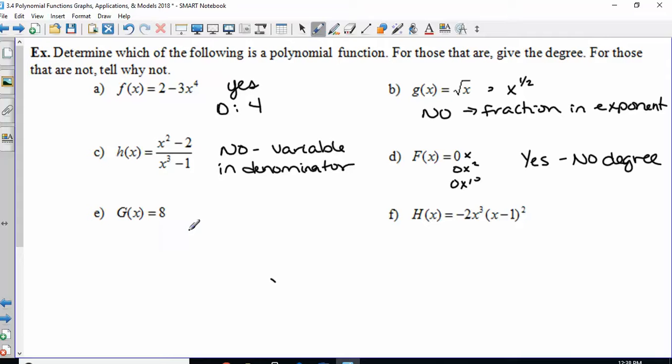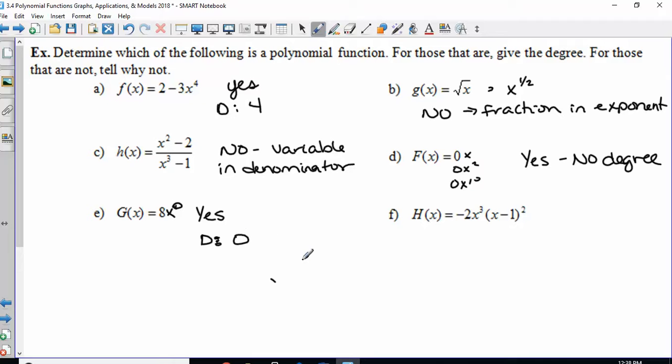So E, g of x equals 8. Would that one be a polynomial? Yes. Now this one, my degree, okay, if I put an x with it, that's different than just 8. If I were going to put an x, it would have to be what power? 0. Because anything to the 0 power becomes 1.